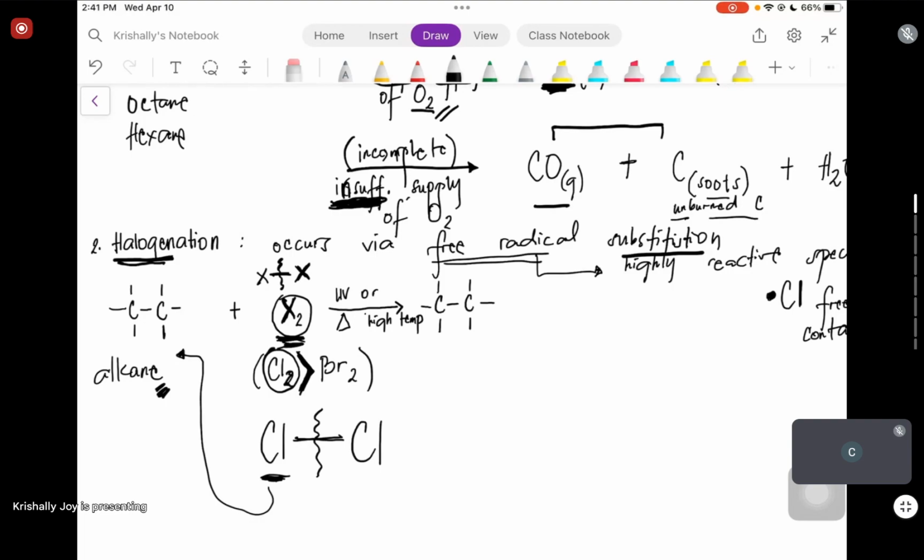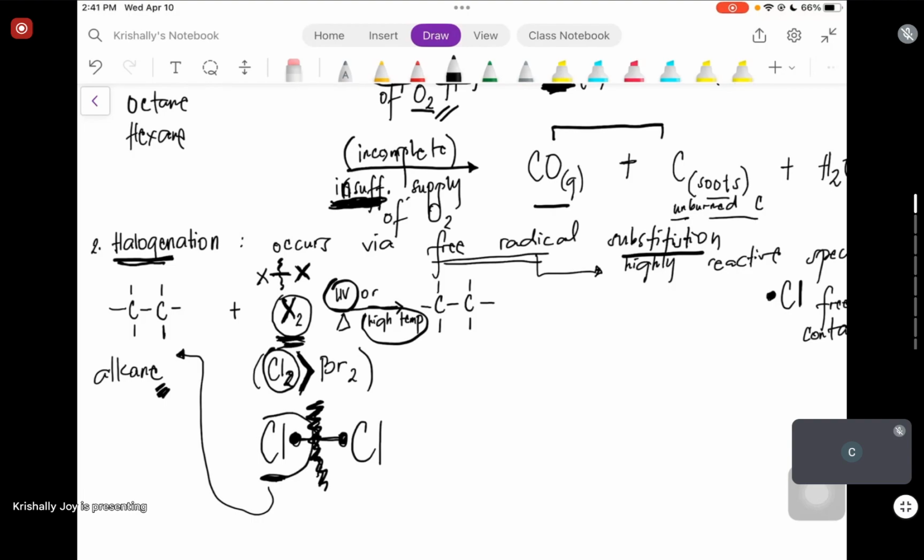How will you substitute something if we don't break the bond that connects the halogens with one another, right? So after you break that with the use of UV light or an elevated temperature, you will now form free radicals. That's a free radical of a halogen.